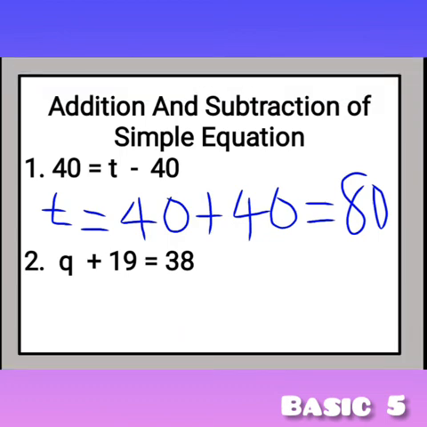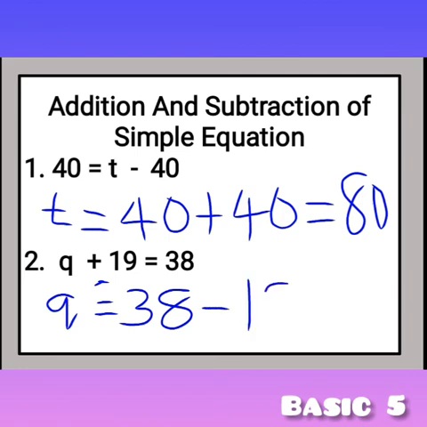Now let's look at question 2. Q plus 19 equals 38. So we have here Q equals 38. When plus crosses the sign of equality, it subtracts. So we have minus 19.